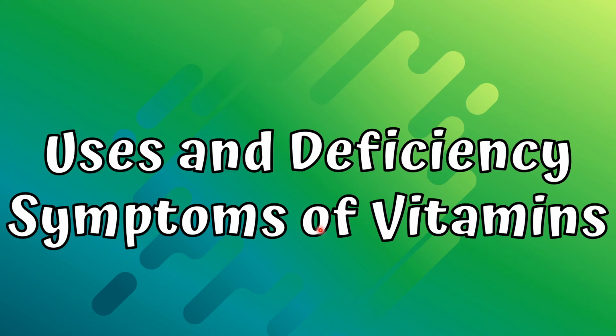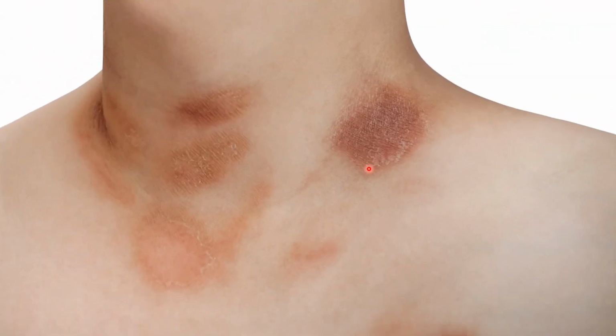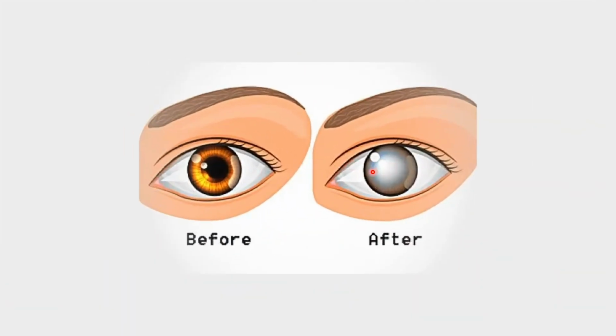Uses and deficiency symptoms of vitamins. Vitamin A. Use: formation of visual pigment important in eye vision, to keep skin healthy and fair. Deficiency symptoms: night blindness, white patches, dryness of skin. And this is night blindness.